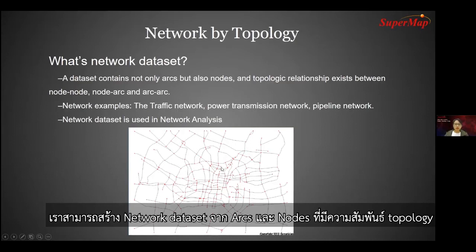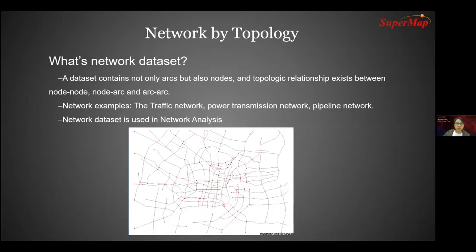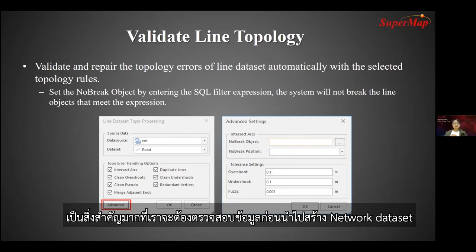So when we create the network dataset, we can get a group of arcs and nodes which have the topology relationship. So that's why it is important to check the topology before we create the network datasets.